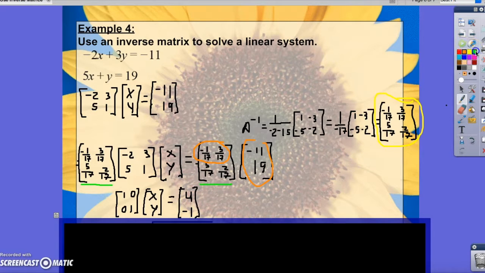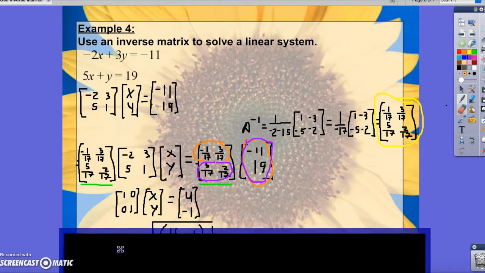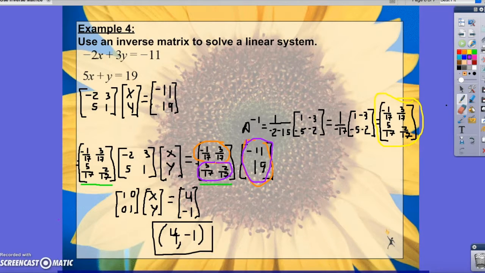And then I do this one times these two. Once again, calculator is going to come in handy. You get negative 1. Now, what you should get in the end is 4, negative 1. This is how we actually read it. 4, comma, negative 1. So here's an example of how we could use matrices to solve a linear system algebraically.